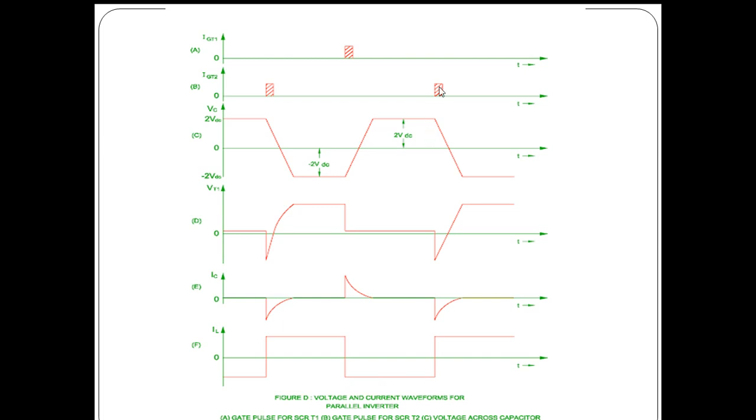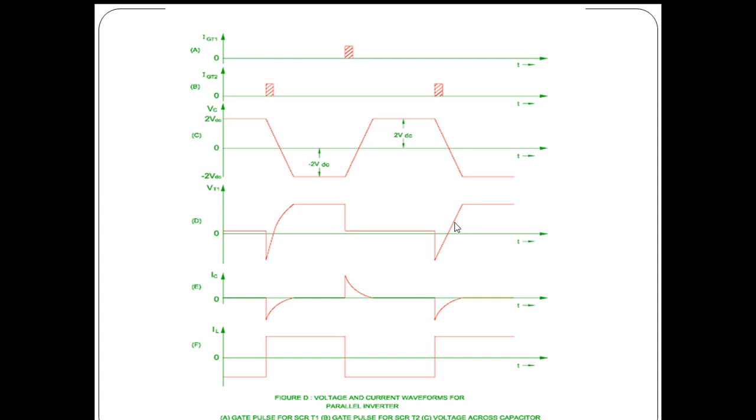When we turn on thyristor T2, the capacitor voltage, this 2 VDC, will appear as a reverse voltage across thyristor T1. So T1 will turn off, and T2 will be in conduction.